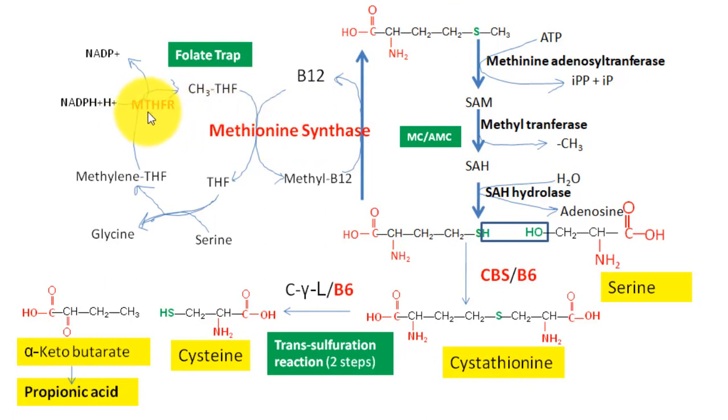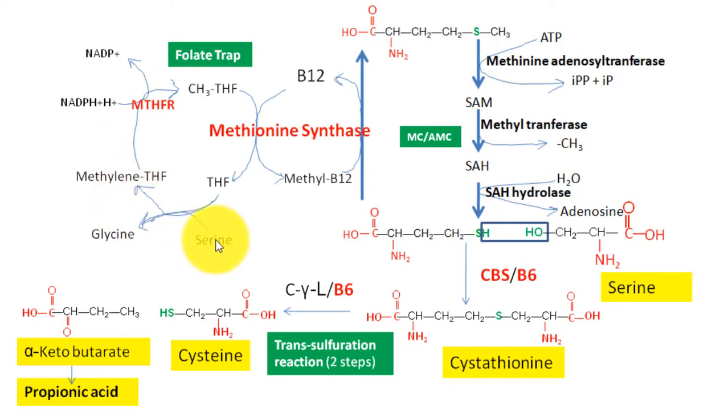Now let's see, this enzyme deficiency is the most common cause, as in folate deficiency, and this enzyme deficiency causes homocystinuria. The enzyme is called methylene tetrahydrofolate reductase. Actually what happens, I have already talked in detail about the sources of one carbon group for tetrahydrofolate.